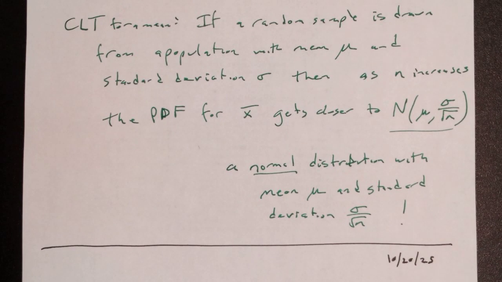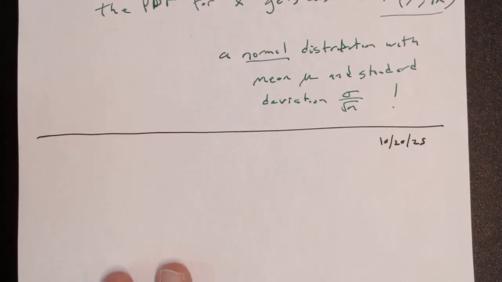Normally, we make an assumption that I need a sample size of 30 or higher to get to the point where I can say I expect to be getting a normal distribution for the sample mean.